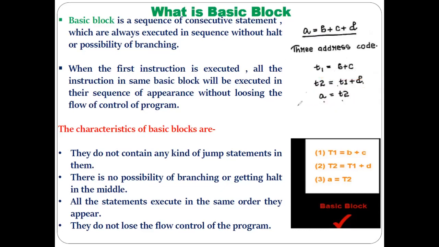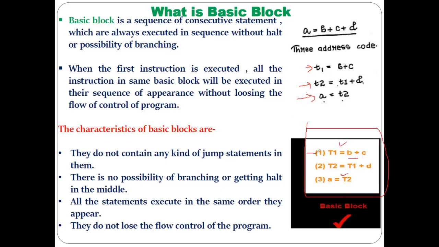Understood? So we call it a basic block when there is a continuous sequence of consecutive statements. That particular set of consecutive instructions or statements is called what? The basic block. The same thing I have written here: t1 equal to b plus c, t2 equal to t1 plus d, and a equal to t2.